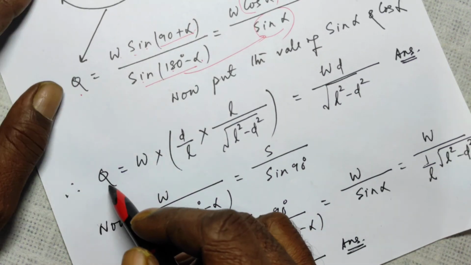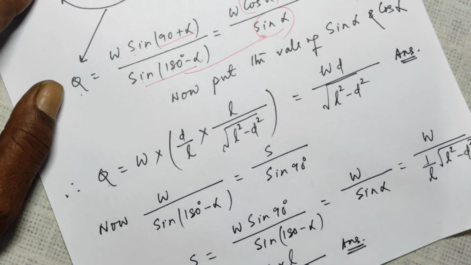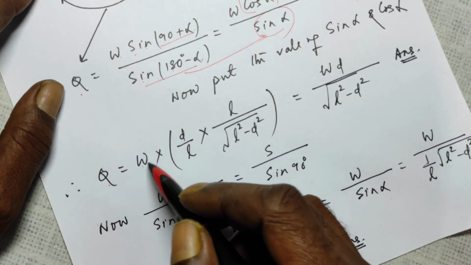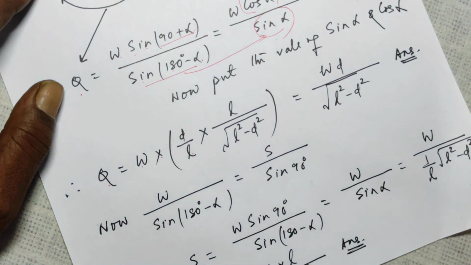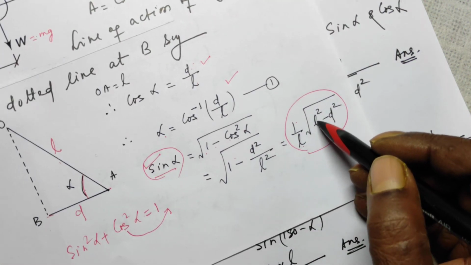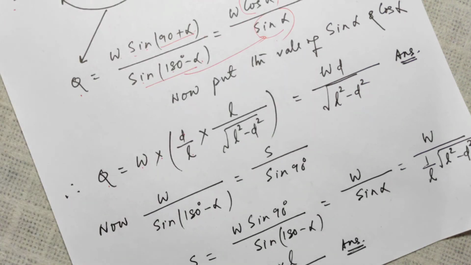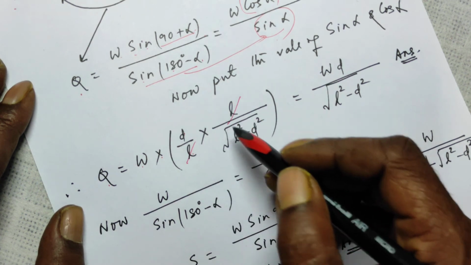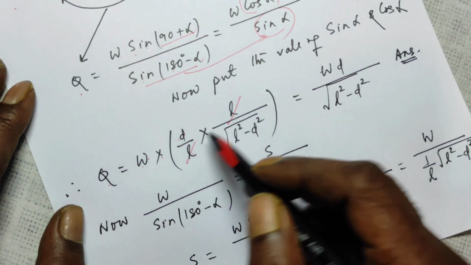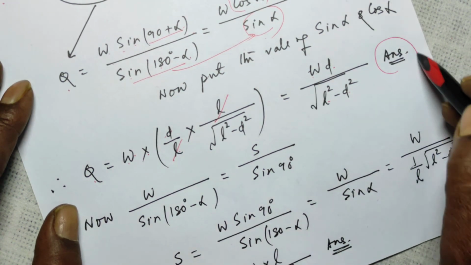So Q, the horizontal force you applied to the ball, equals W into cos alpha, which is D over L, and sine alpha was 1 over L times the square root of L square minus D square. L cancels. So W into D over the square root of L square minus D square is your answer.